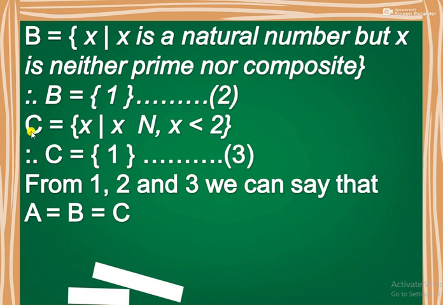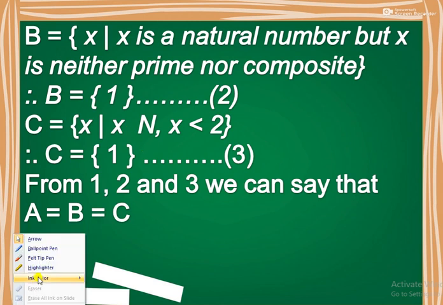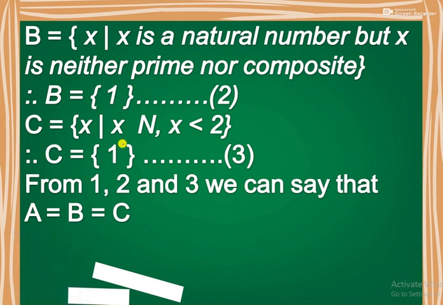Now C is the set of all x such that x belongs to N where x is less than 2.